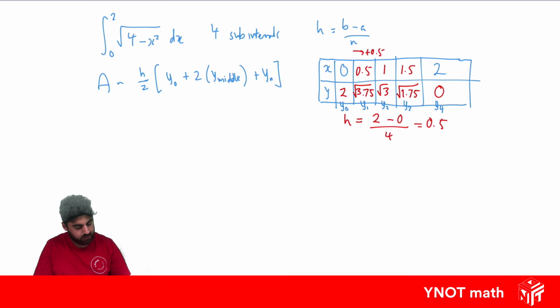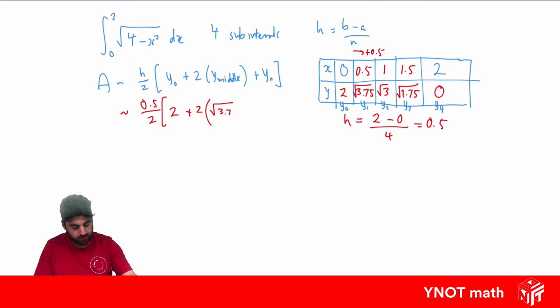And we're ready to sub everything we know into the formula. So our area is approximately going to equal, well, the height is a half, so we get a half over 2 outside of our first y value, which is 2. Plus 2 times all our middle y values. Well, our middle y values are all these y values in the middle, so not the first one, not the last one, all of them in the middle. So we get plus 2 times, and what we have to do with the middle y values is add them all together.